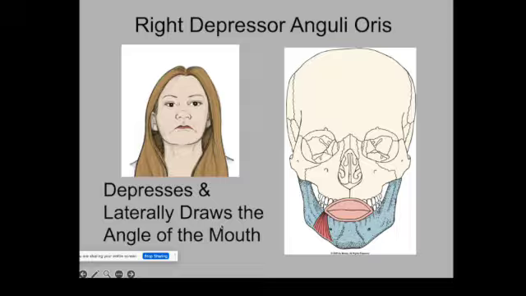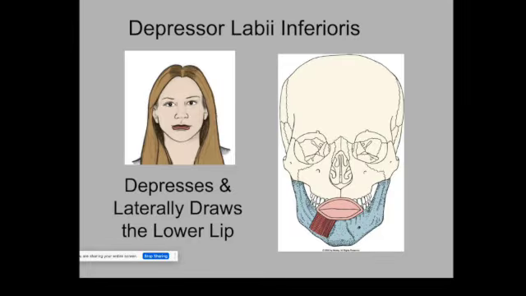Depresses and laterally draws the angle of the mouth. Right here, depressor anguli oris, the angle of the mouth. Just the lips alone, depressor labii inferioris, depresses and laterally draws the lower lip. So you can see it's 2 different muscles. This is just the lip.